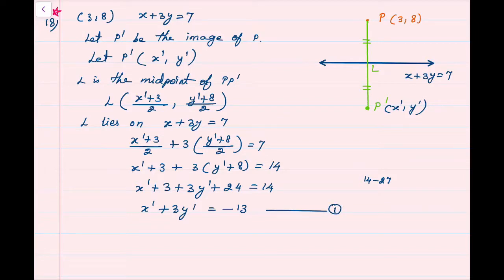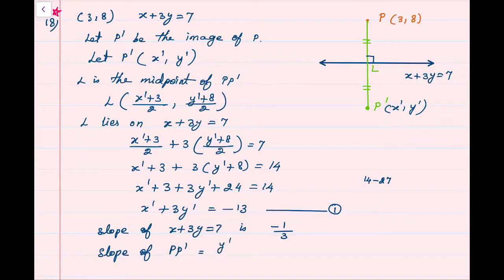We have two unknown quantities, we need one more equation, and we know that PP' is perpendicular to the given line. We will use the perpendicularity condition. The slope of the line x + 3y = 7 is -a/b. The slope of PP' is by the formula (y2 - y1)/(x2 - x1).